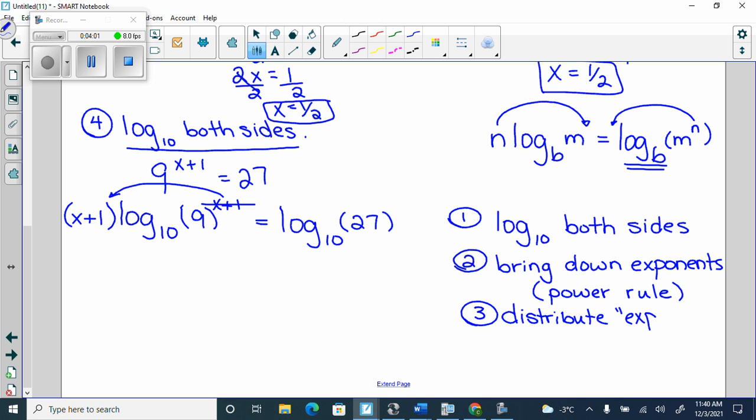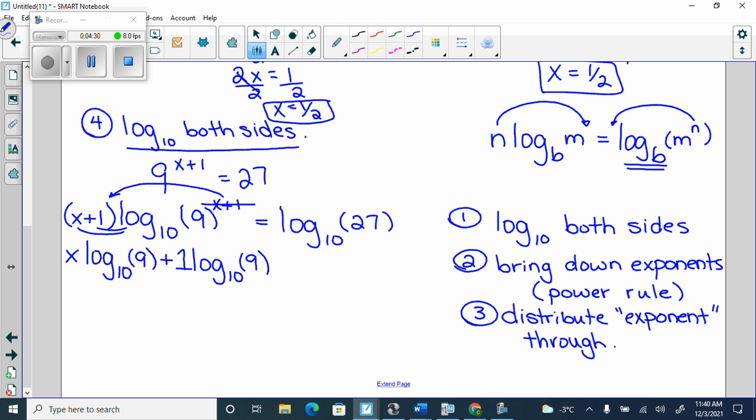It's not an exponent anymore, but I'm writing it as exponent because it was the exponent through. So when I distribute this exponent through, I'm going to get x log base 10 of 9, and then plus 1 log base 10 of 9.